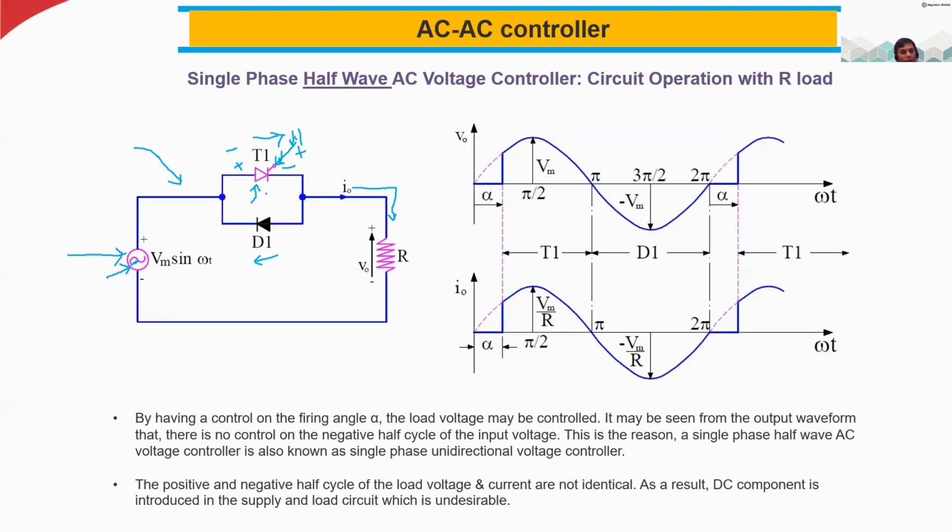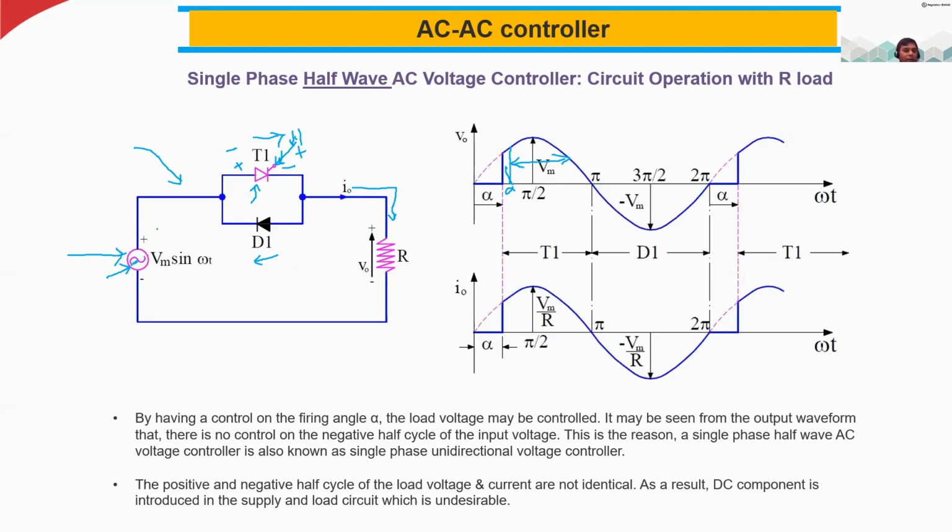By changing the phase angle, I can change the delay. Based on the delay, for example, I can start the conduction from here. If I put the alpha here, then I can change the conduction from here. So this is the pulse width, and the pulse width will get changed. This is the SCR for the positive half cycle.